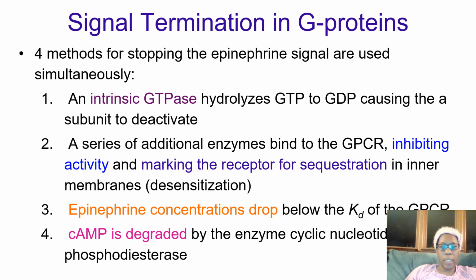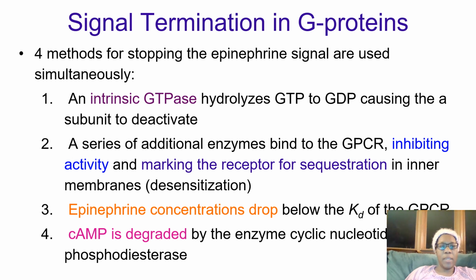So intrinsically, the GTP can be converted to GDP on the G protein, causing the subunit to deactivate. Remember that the G protein is inactive when it's bound to GDP and active when it's bound to GTP. So once the GTP is associated with the G protein, intrinsically it eventually dephosphorylates to GDP and becomes inactive.